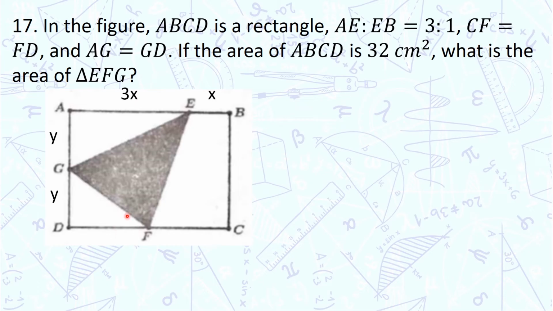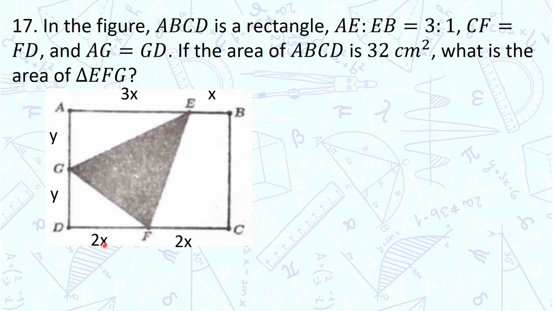Now CF is equal to FD. Since the sum of these 3x and x is 4x, therefore CF is equal to FD. We can have 2x and 2x for CF and FD.